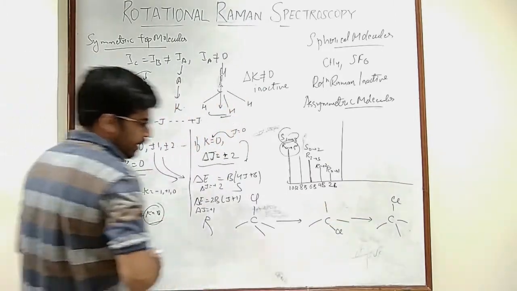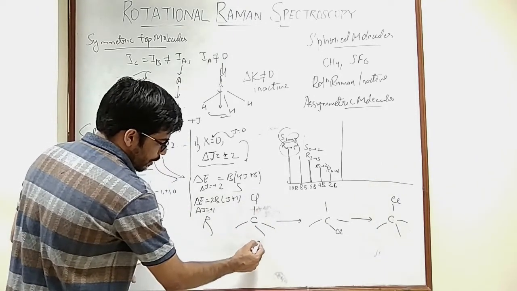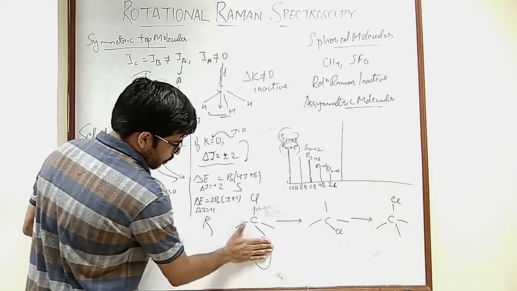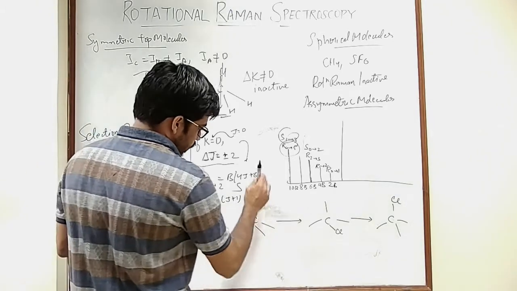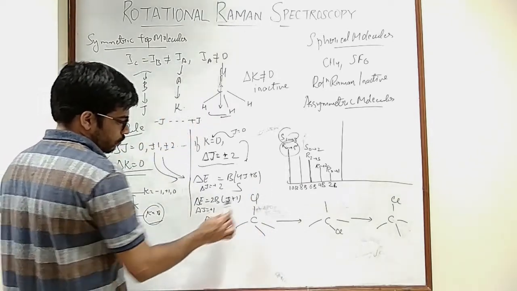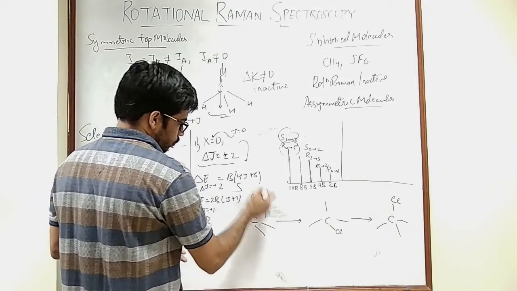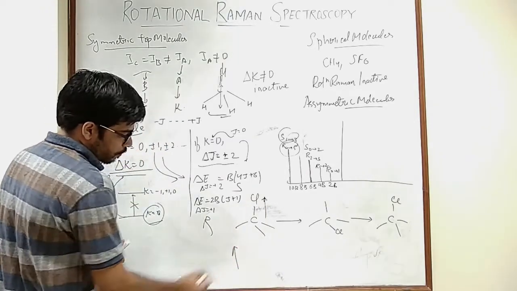So that would mean in this case the polarizability ellipsoid is going to look like, not really like this. The dipole moment is like this. Let's say the electric field is along this direction.